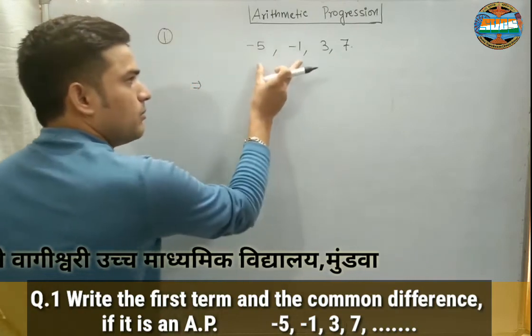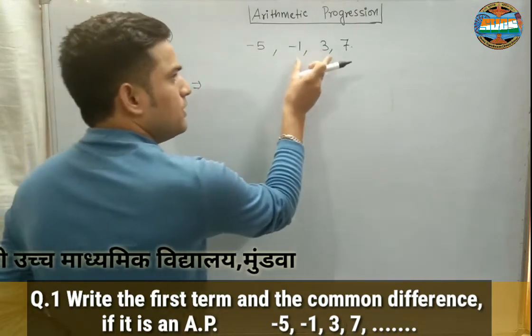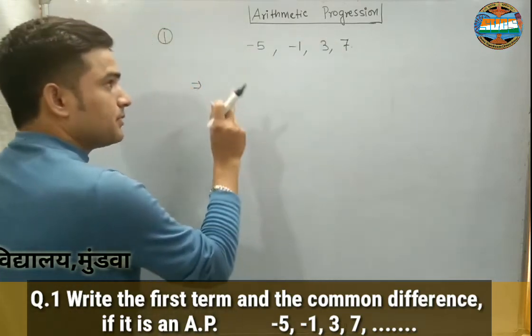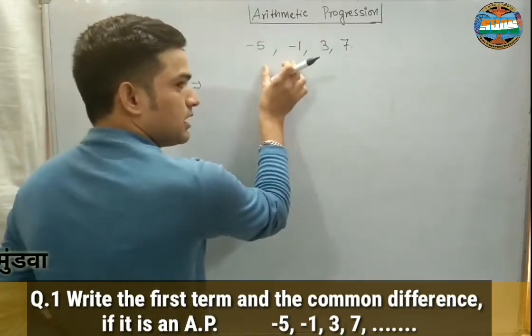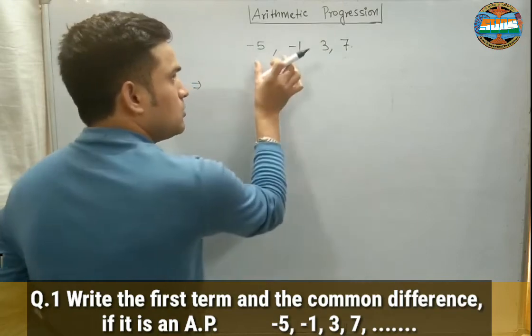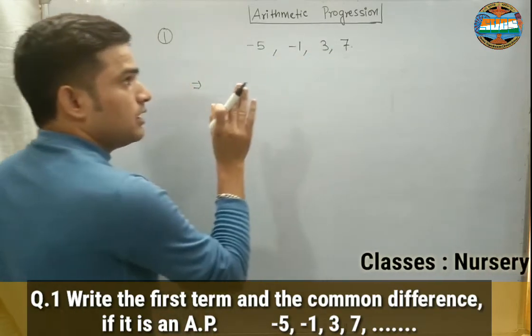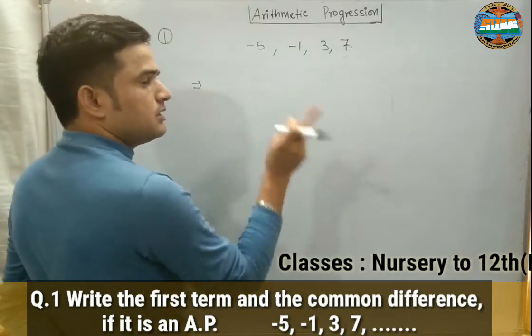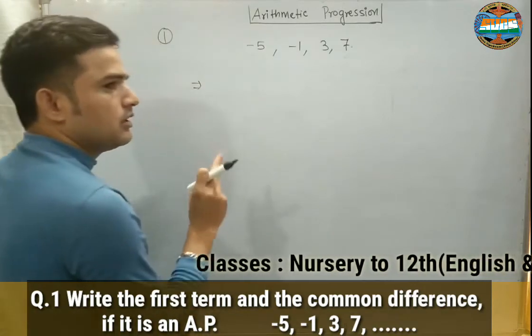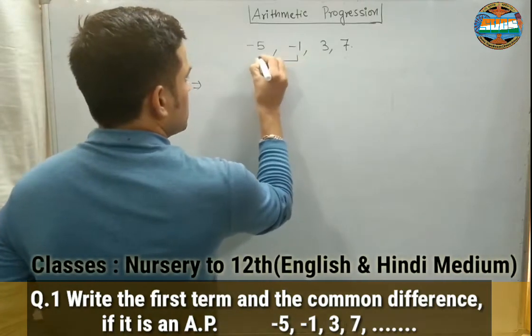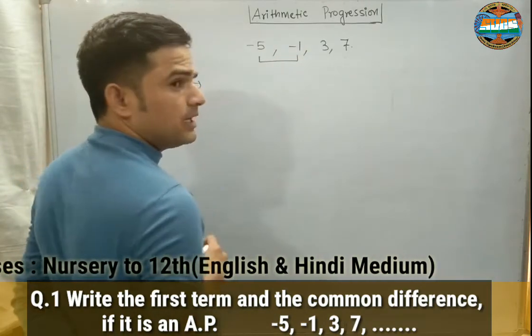We find the common difference of each consecutive number. We discussed this in the previous video. We find the common difference of two consecutive terms; each two consecutives should be the same. If it is not the same, then this is not an AP. So we check the first consecutive, -1 and -5.